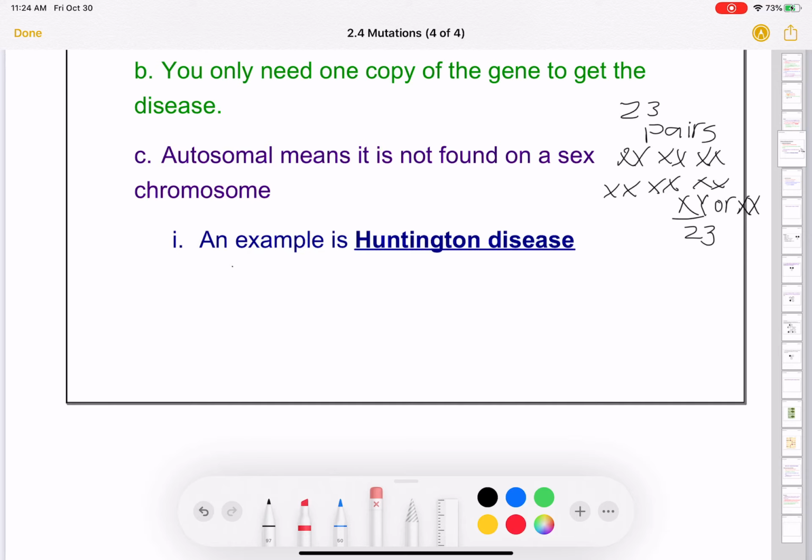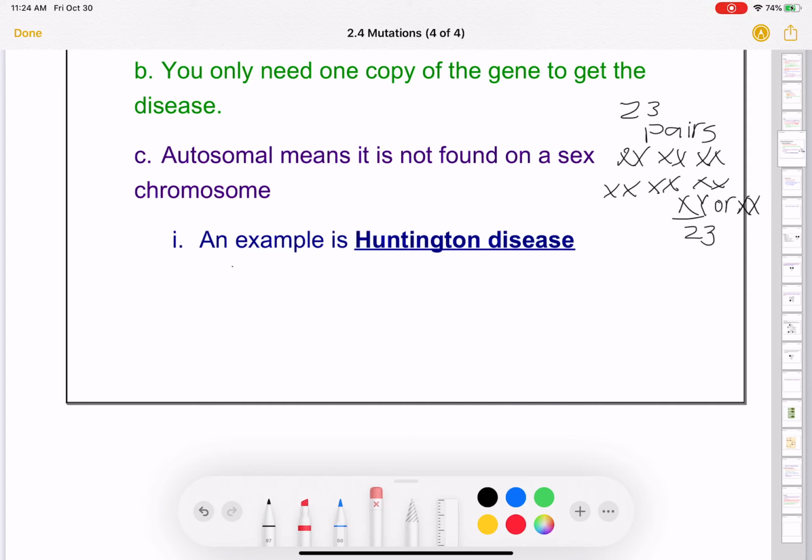So adult onset of Huntington's disease, the most common form of this disorder, usually appears in people in their 30s or 40s. So this is bad in a sense because if you have Huntington's disease, then you've probably already had kids.